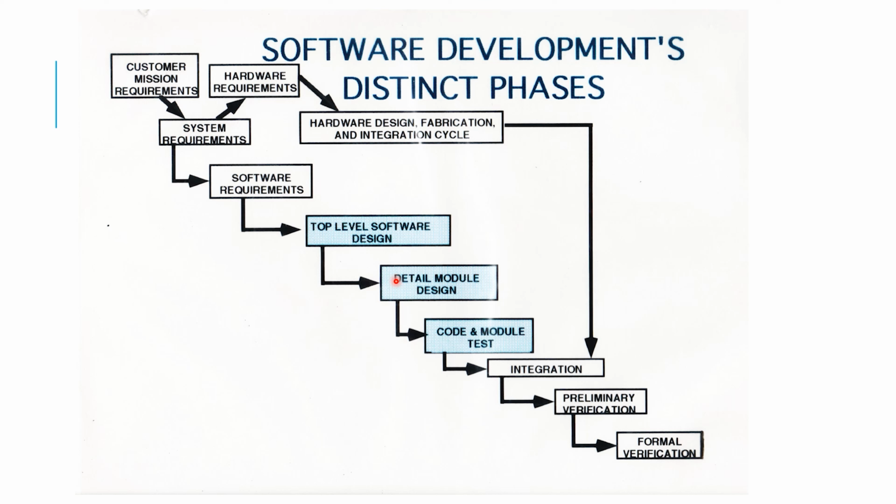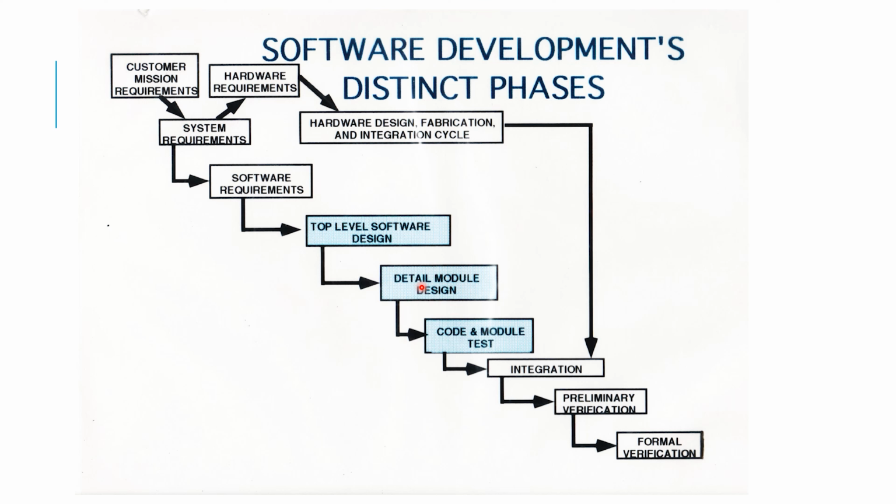And then you start breaking things up into modules, and then you come up with a more detailed design for each of those modules. Okay, you can think of those modules as like tasks. So here's the detailed design. So it's a top-level design and then a detailed design.